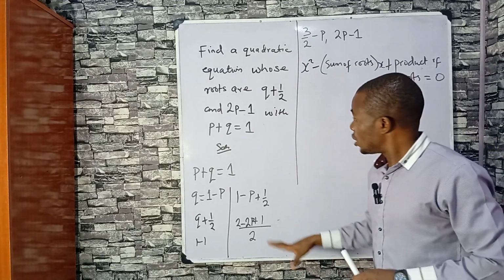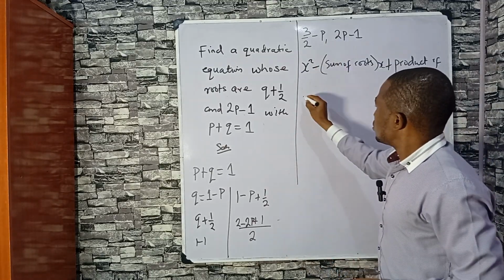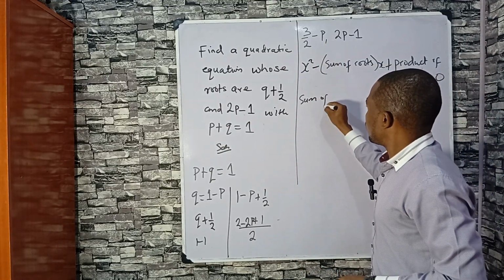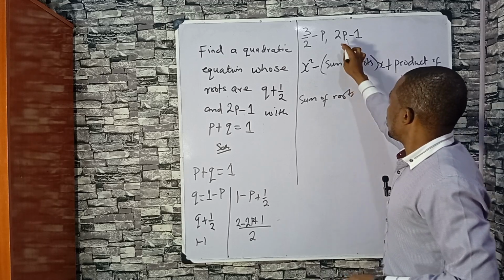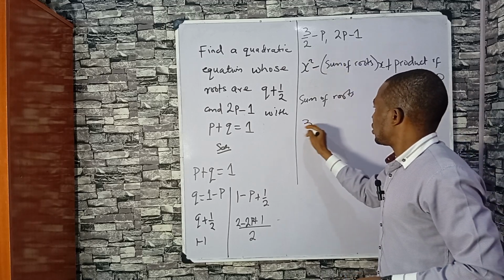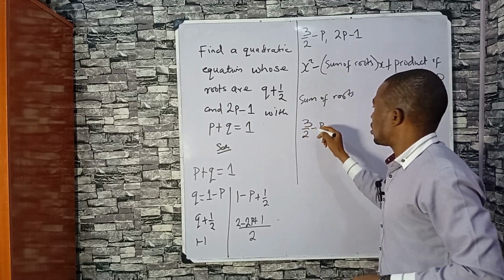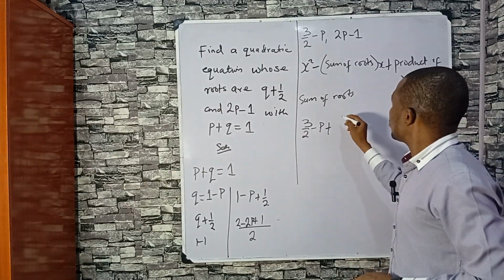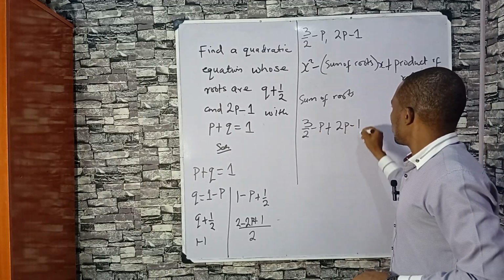So we are almost there. Now, sum of roots, adding the two. So we have 3 divided by 2 minus p, that's the first root, plus the second root, 2p minus 1.